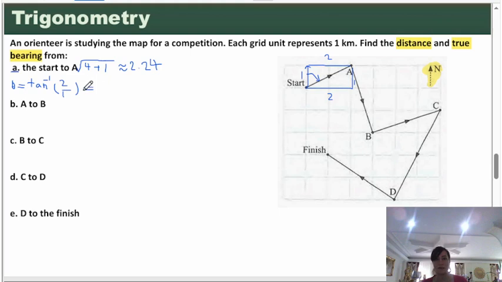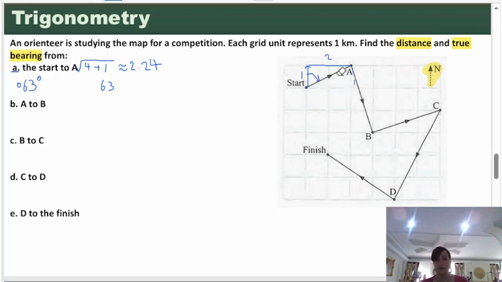So it gives me 63. You know, for bearing, always I have to write bearing in 3 digits. So if I want to write it in 3 digits, my bearing would be 063 degrees. Now we go for part B.